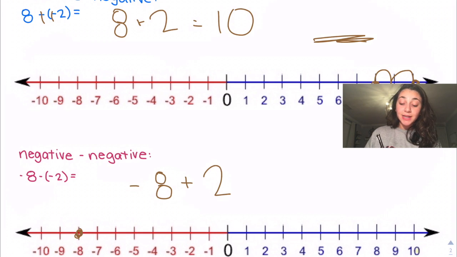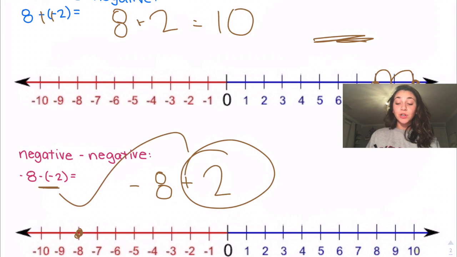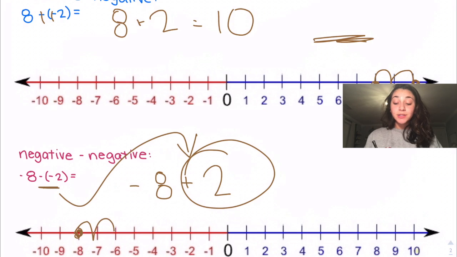You start at negative 8, and since it started as subtracting a negative, you turn it into adding a positive. You're adding a 2, so you're moving right on the number line, closer to the positive numbers. So you add 2, and your answer is negative 6.